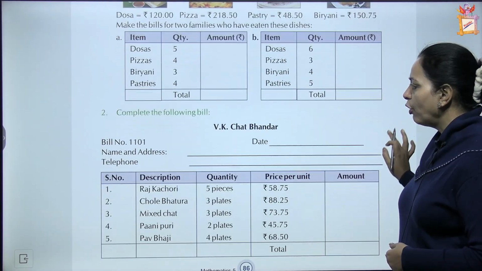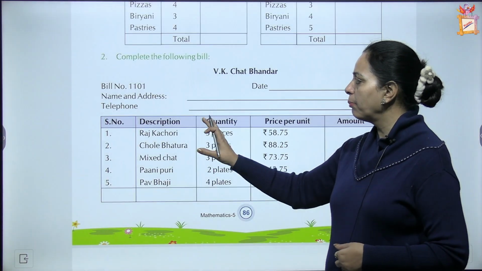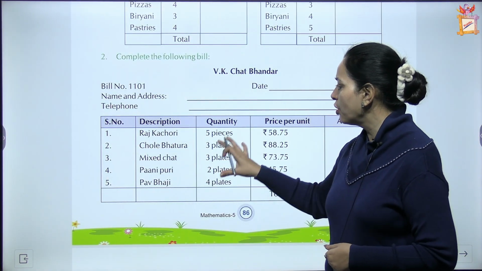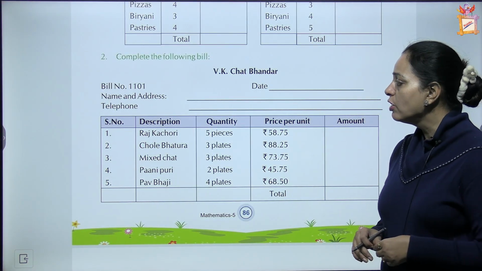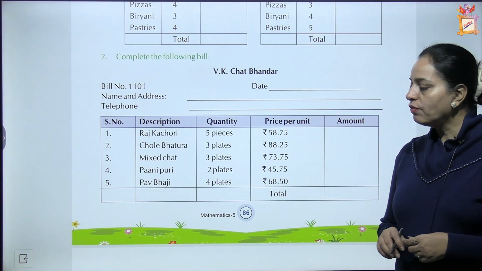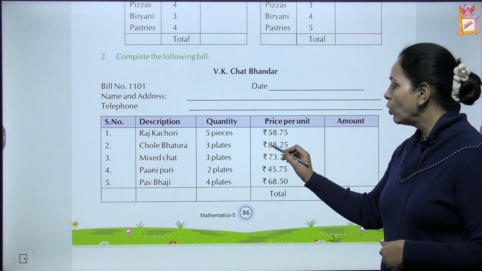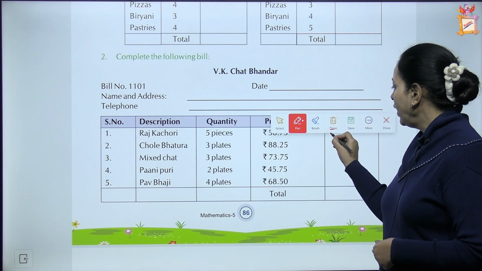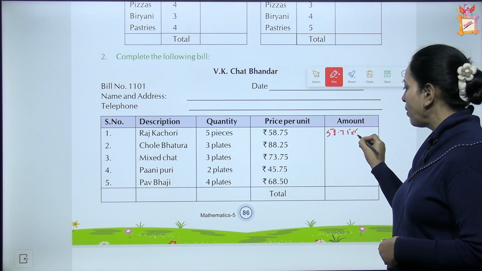Now see here the second one, complete the following bill, like here VK Chaat Bhandar, bill number, name and address, telephone, date. Now serial number, description, quantity, price per unit and the amount we have to find. So the first one, Raj Kachori 5 pieces and rupees 58 and 75 paise per piece. So what to do? What will we do? We will multiply 58 rupees 75 paise multiply by 5.